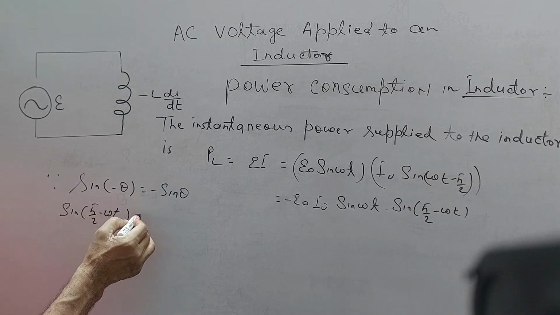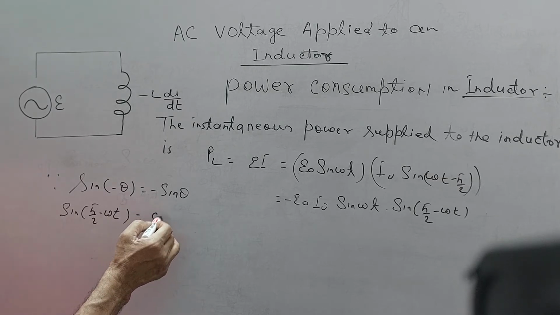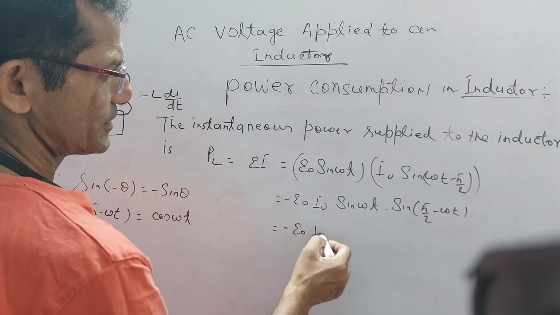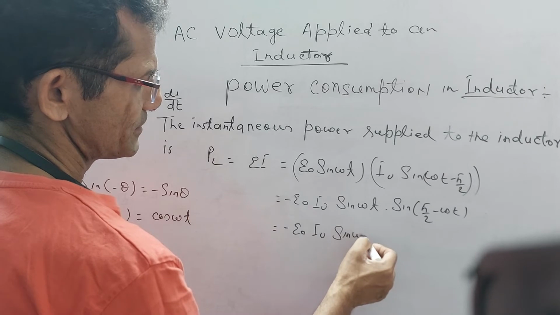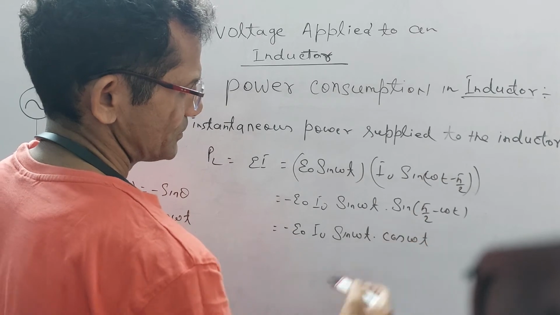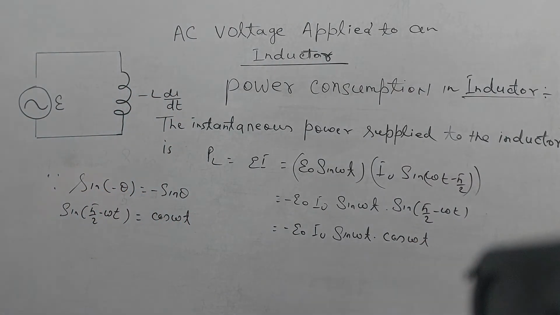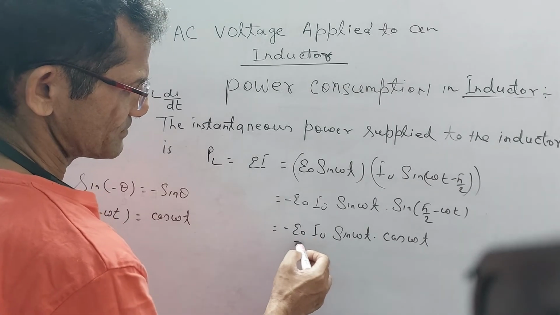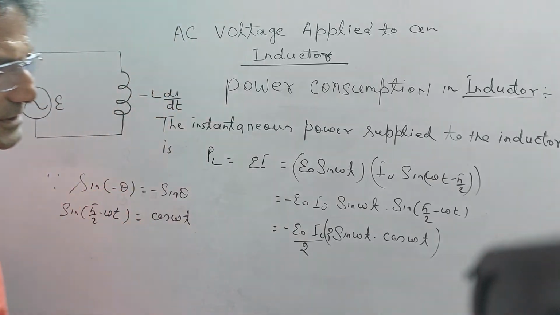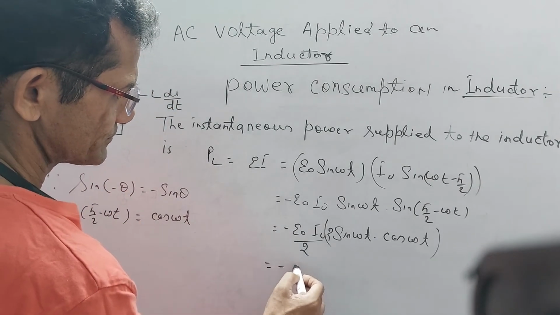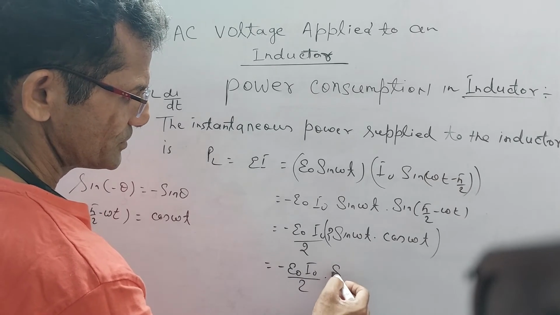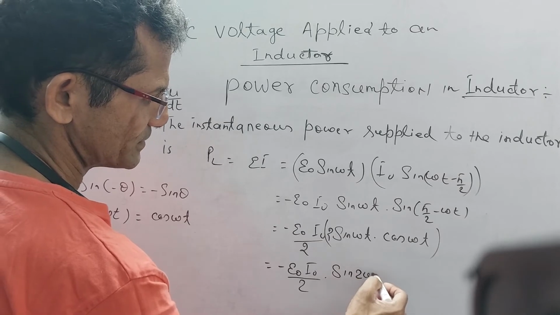Finally it becomes minus E naught I naught sine omega t times cos omega t. Using the trigonometric formula, if I divide by 2 and multiply by 2, this becomes minus E naught I naught divided by 2 into sine 2 omega t.